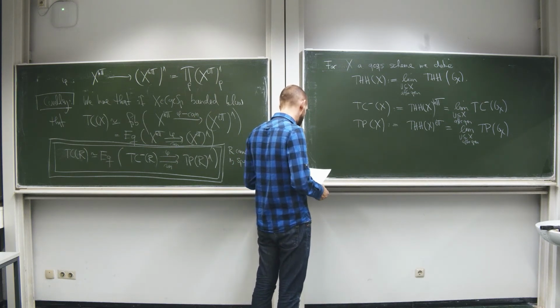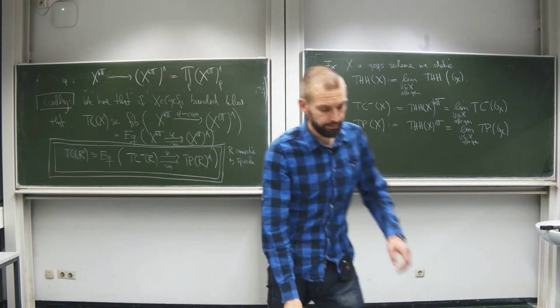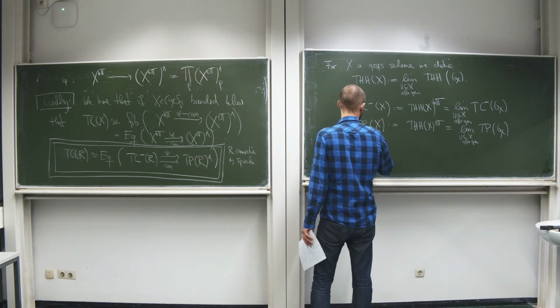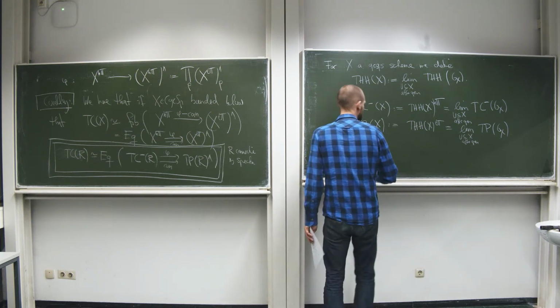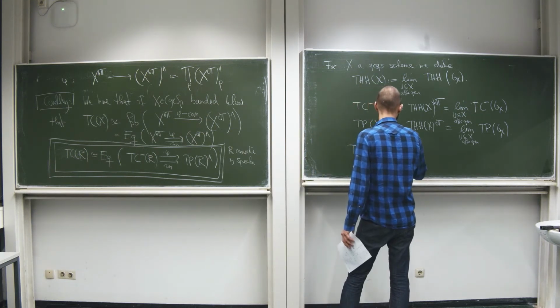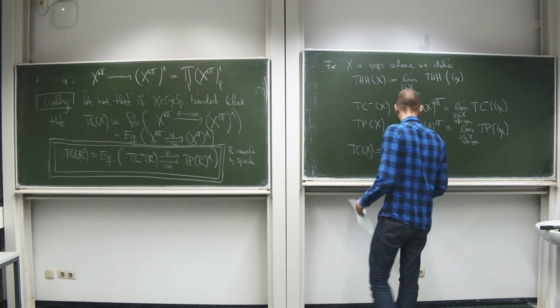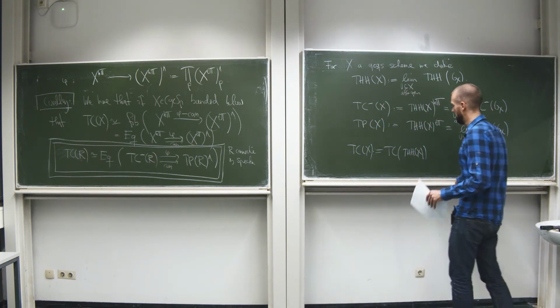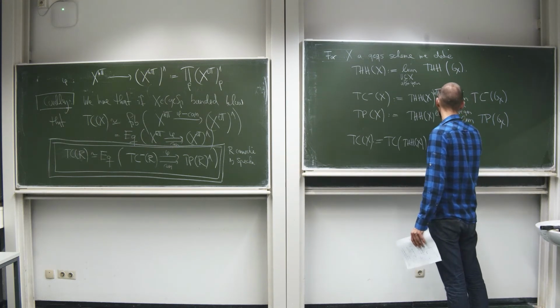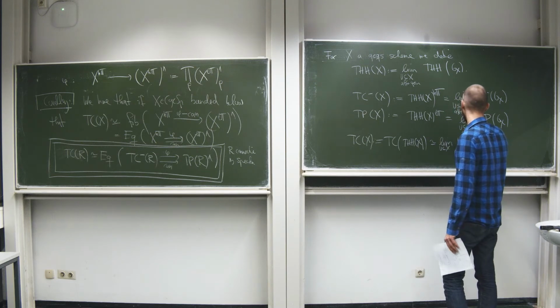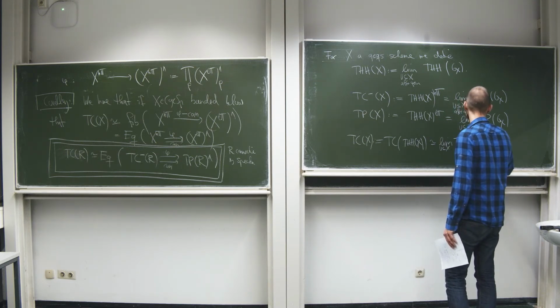And then finally I have that TC(X) is defined to be TC of the cyclotomic spectrum THH(X). And this is now also the inverse limit over U in X as before of TC(O_U).